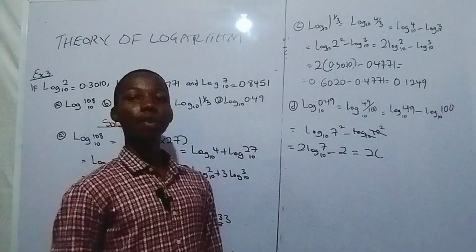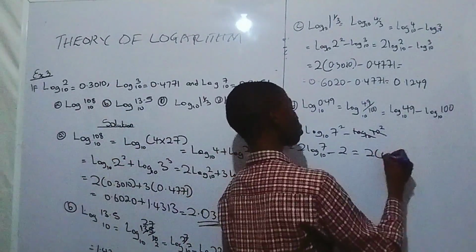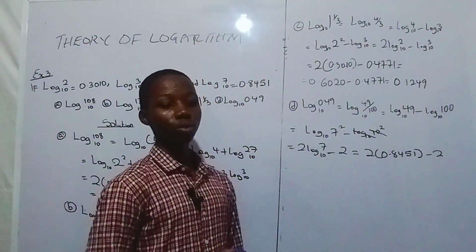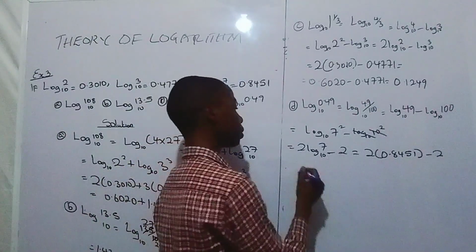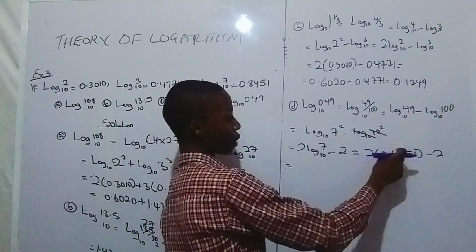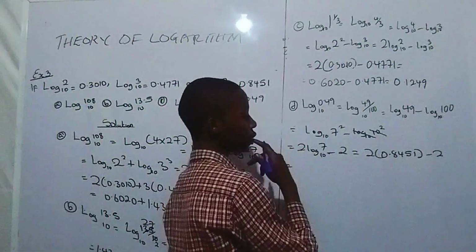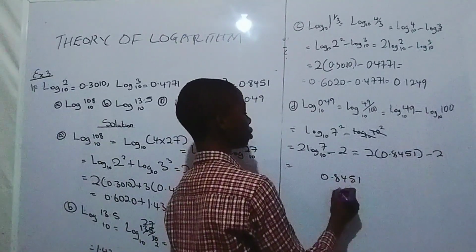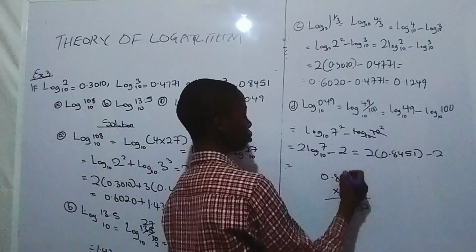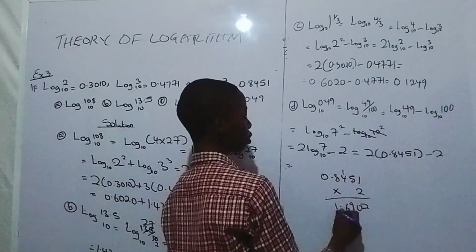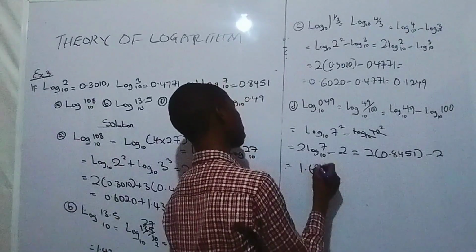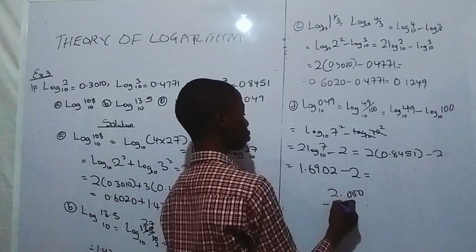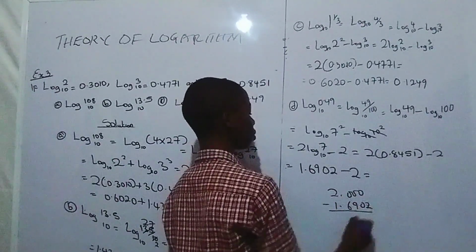Log 7 base 10 as given is 0.8451, minus 2. So we move forward by saying 2 times 0.8451. When we multiply, we get 1.6902, minus 2, which is 2.0000 minus 1.6902.